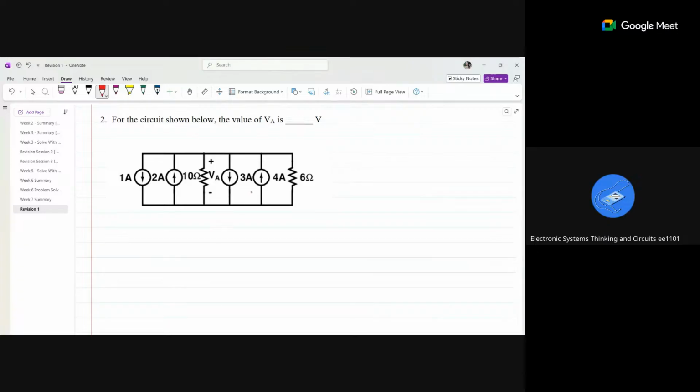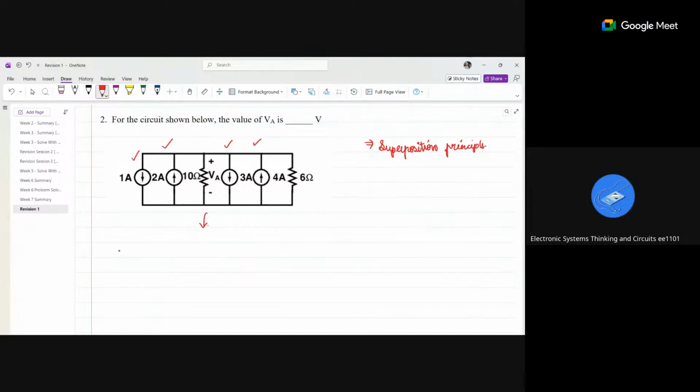So what are the methods we can use to solve this problem? One, superposition principle. Yeah, superposition principle is one. Then, you can try superposition also, but there is another way, right? See, there are four current sources in parallel.